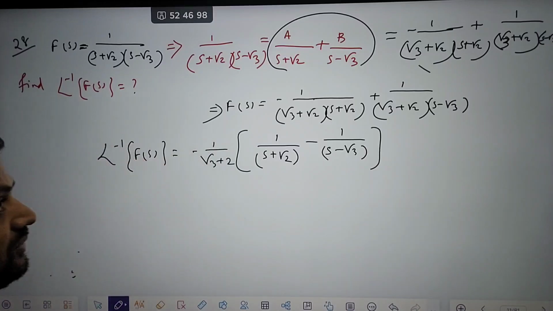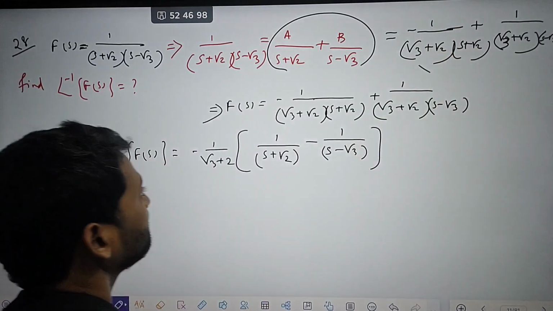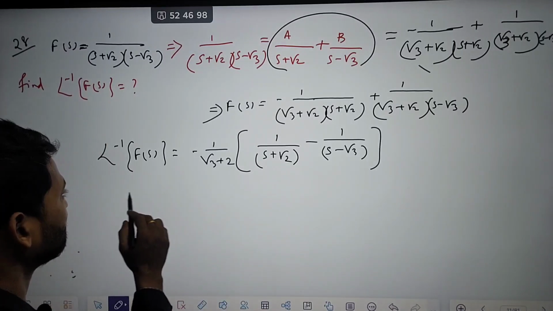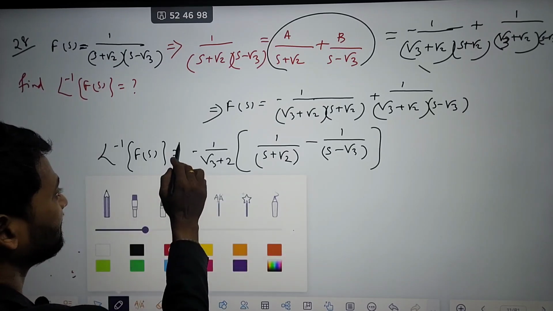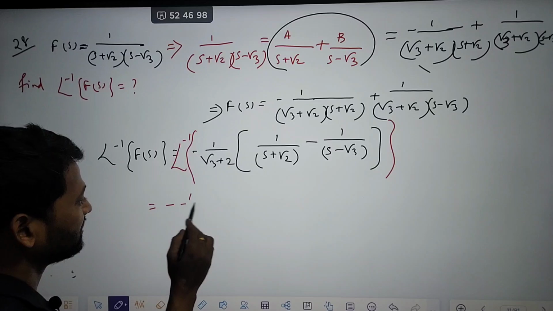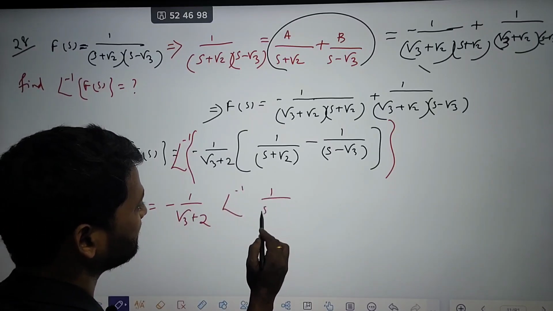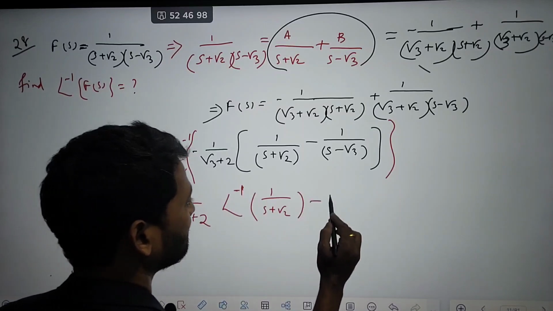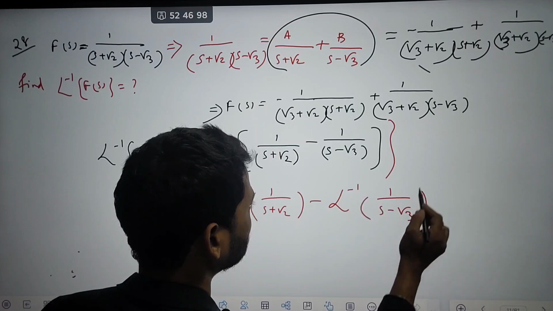Okay. What I did, I took common 1 by (root 3 plus root 2). Okay. So we'll take Laplace inverse of this part. Then this is a constant, meaning Laplace inverse of 1 by (s plus root 2), okay, minus Laplace inverse of 1 by (s minus root 3).